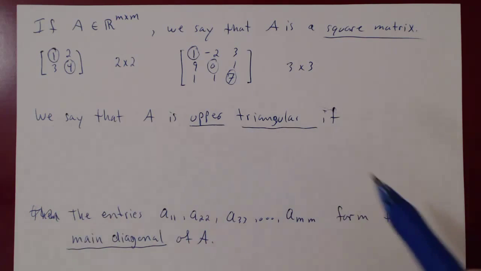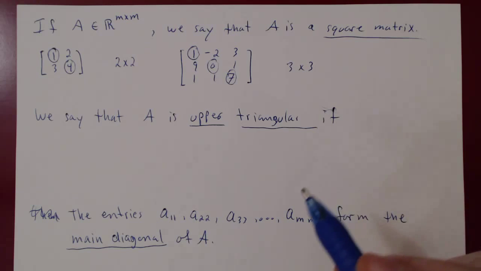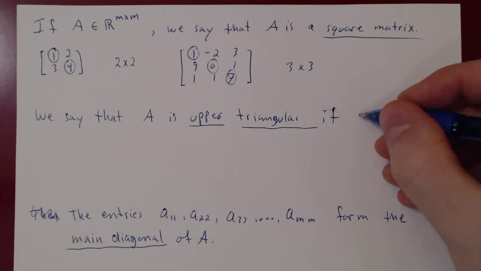So A is upper triangular if the entries below the main diagonal are all zeros.